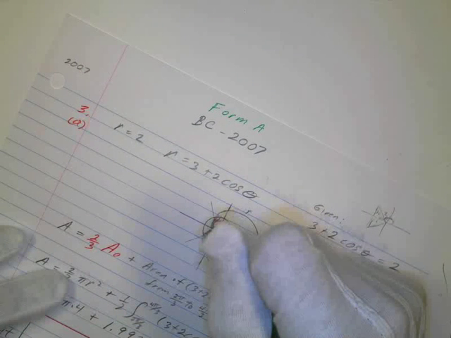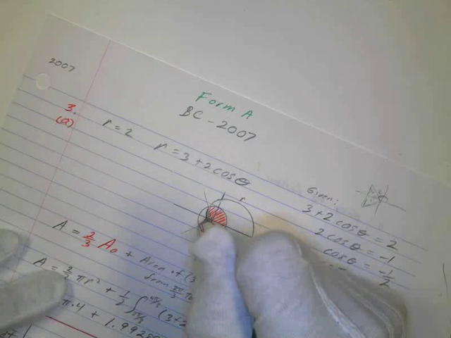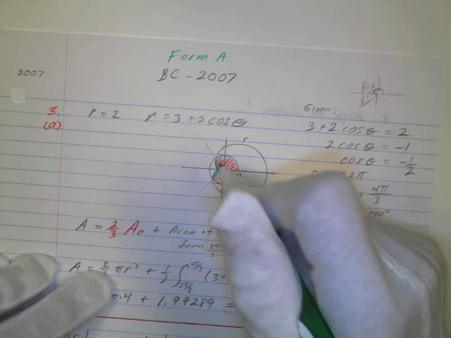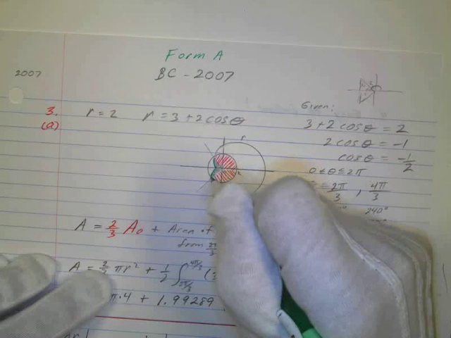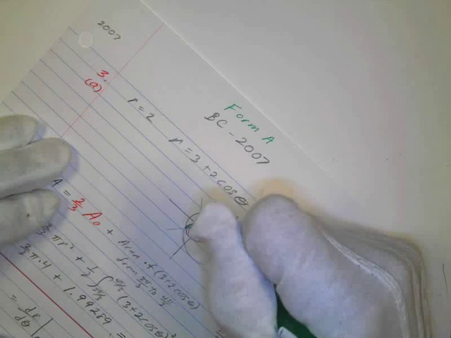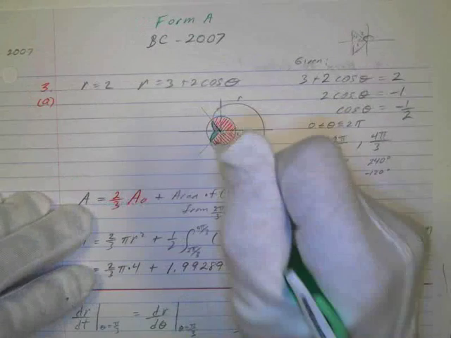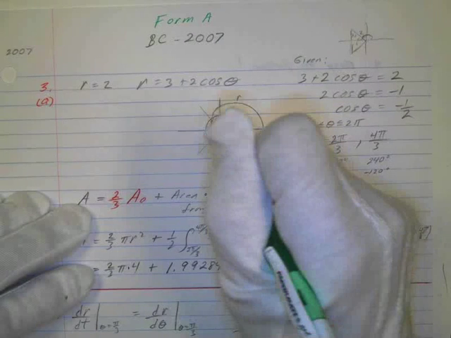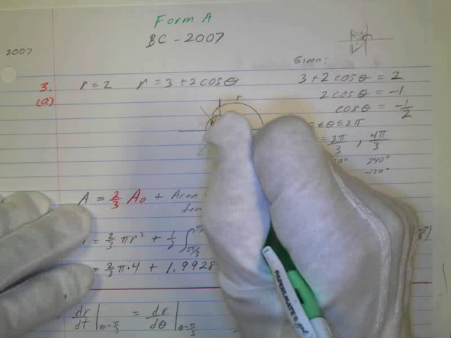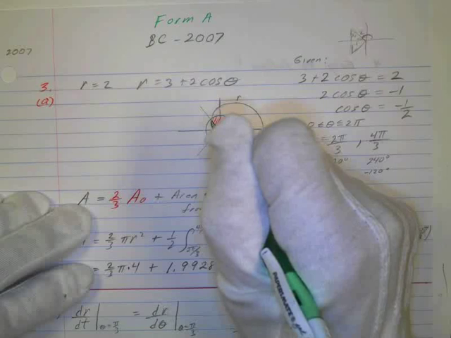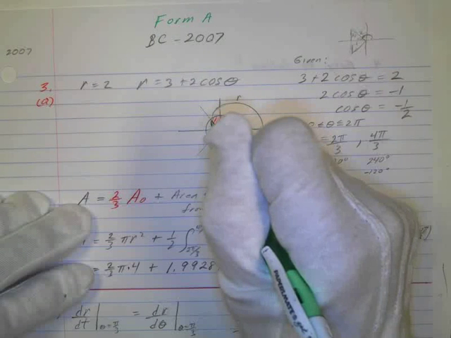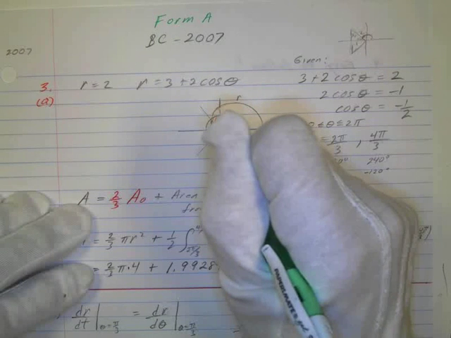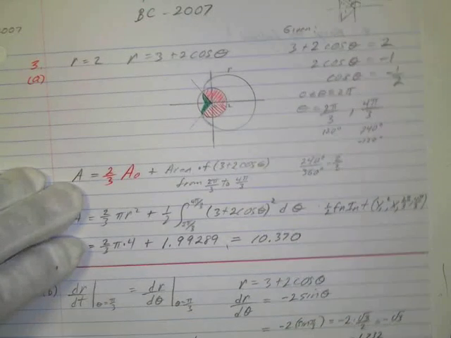See if that'll help. So here's the cardioid, and it comes around here like this, you see. So that's the part of the cardioid. So a little green section there.